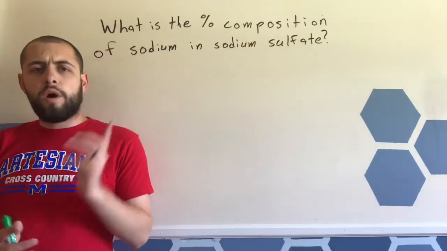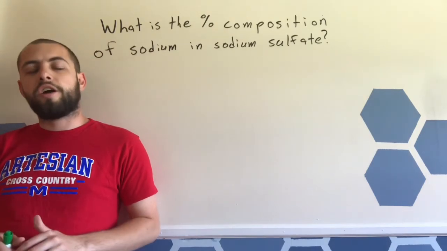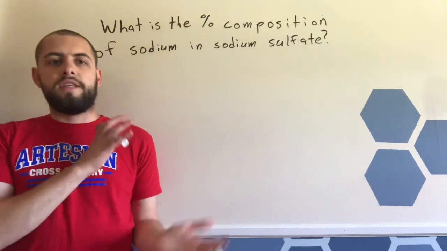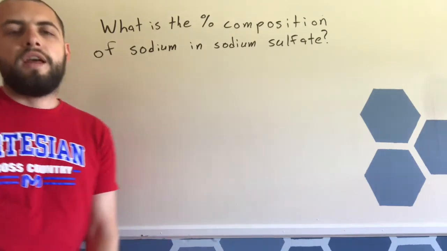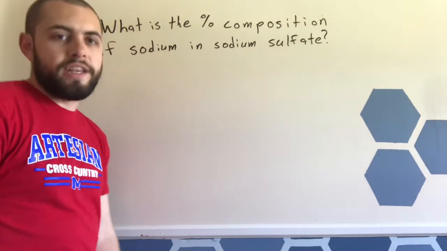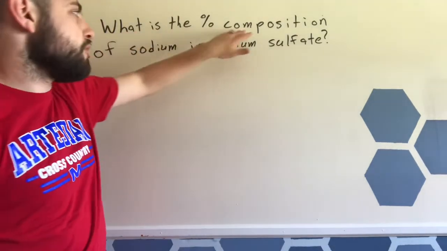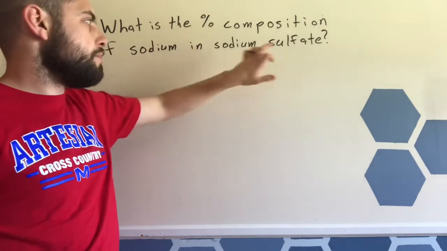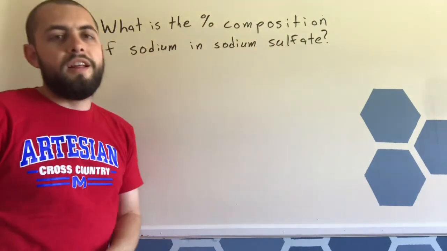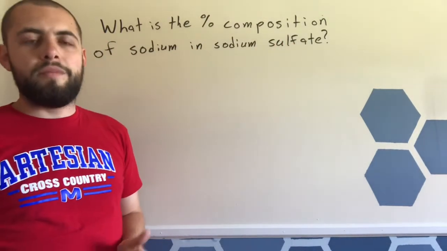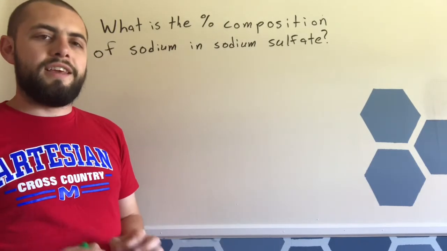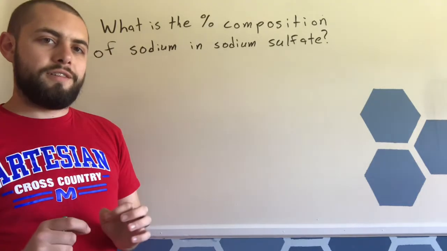Alright, so we're going to try one more problem that's just a little bit harder than the last one. And I'll tell you that one of your homework problems is set up this same way. So let's take a look at what the question says. It says, what is the percent composition of sodium in sodium sulfate? The big difference from this problem to the last one is that I did not give you the formula.